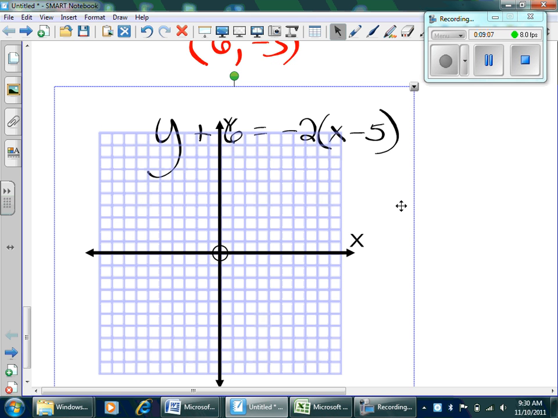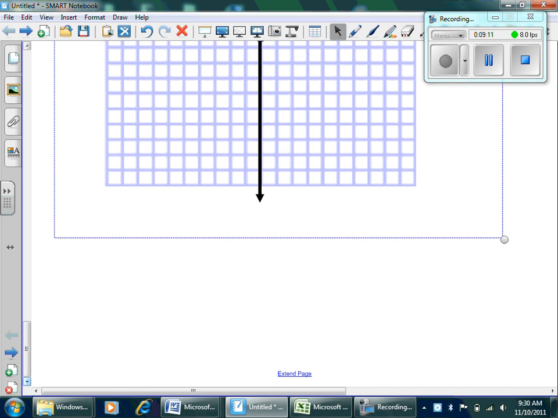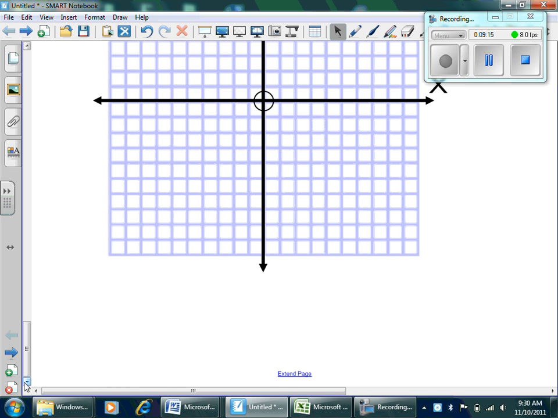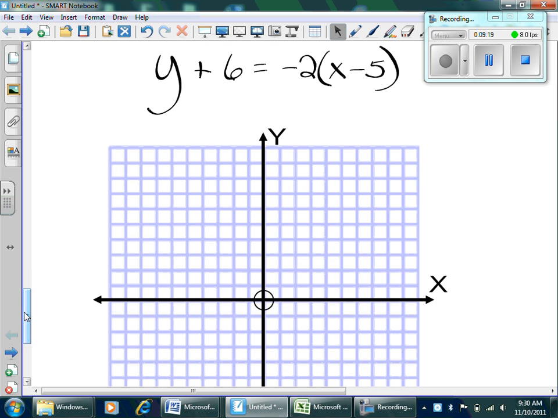Now, you go ahead and pause, see if you can find the slope and the point. I'm going to go ahead and put the point on, and then I will use my slope. You see if you agree with what I'm doing. So go ahead and pause.